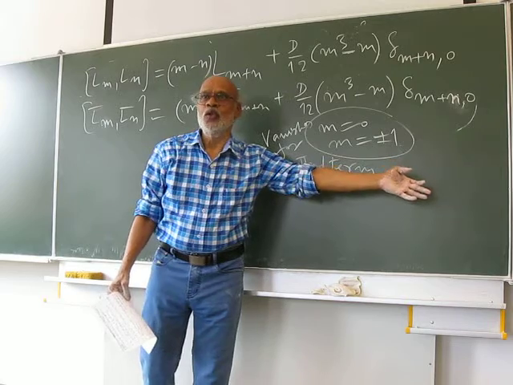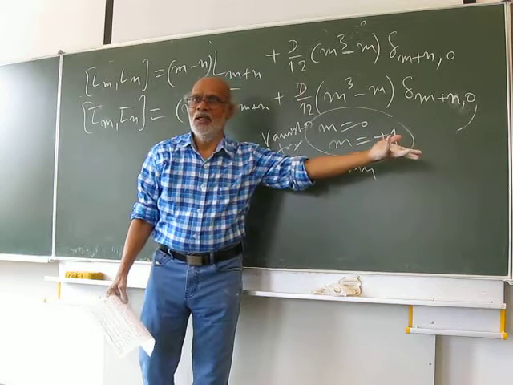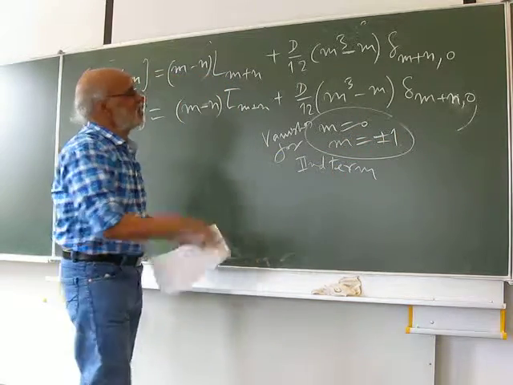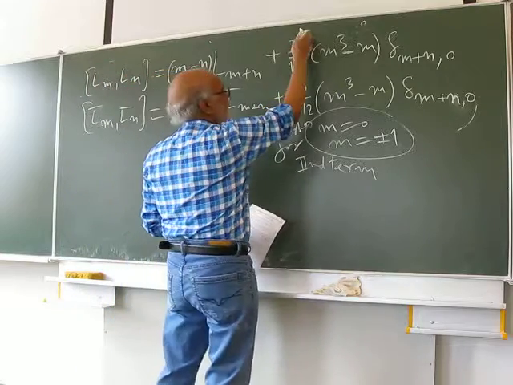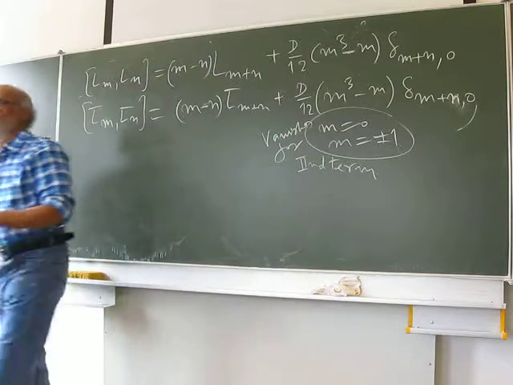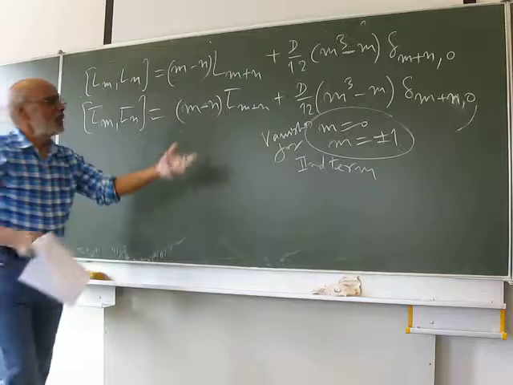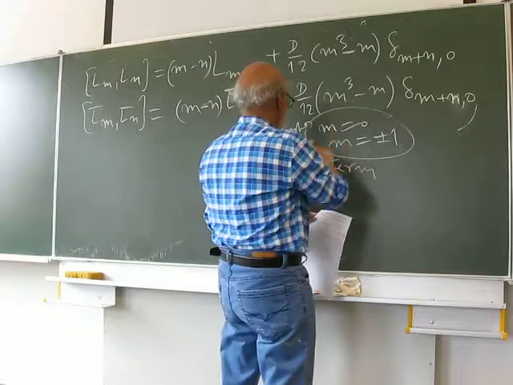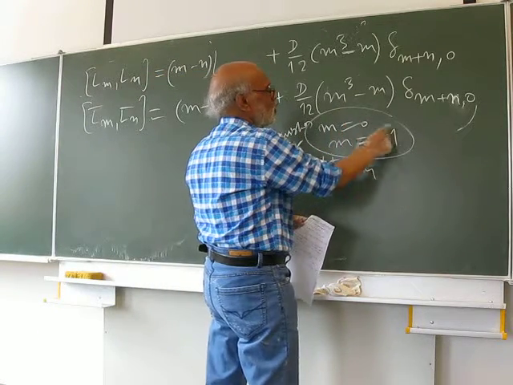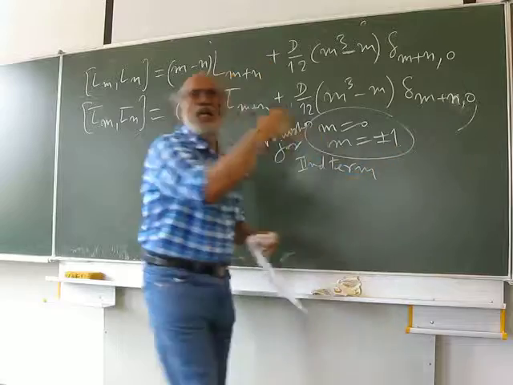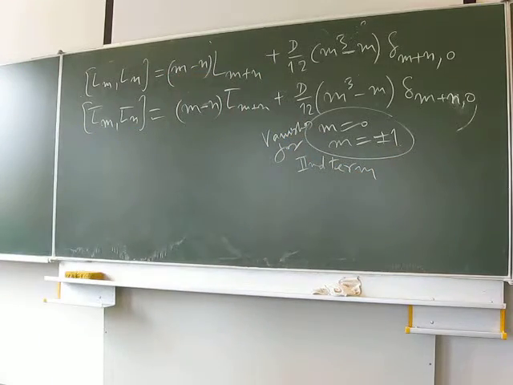So for bosonic theory, it would be 26. Okay? And it is denoted by different symbols, sometimes C or sometimes capital D, just to say that this is called the central charge. And this term vanishes for m equal to 0, m equal to plus minus 1, and otherwise it survives. Okay?